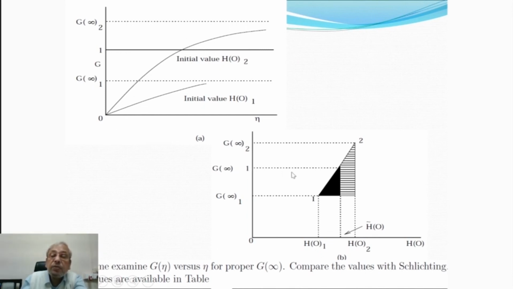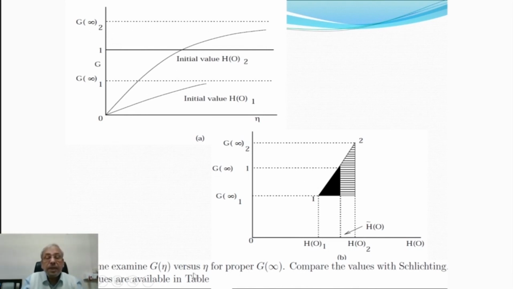So if g infinity has to be 1, then from this similar triangle, we can find out a better guess. And we can see whether for that better guess, g infinity is becoming 1. If it overshoots again, we can just repeat the same method to find a better guess between h tilde naught and h naught 1. Between these two, we can find out a better guess.